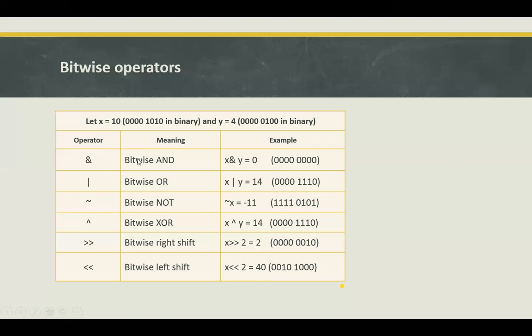Suppose here we are doing an operation. If both the values are 1 1, so it is a 1. If it is 0 1, so 0, right? 1 0 is 0, 0 0 is 0. So by this logic, all the values are 0.